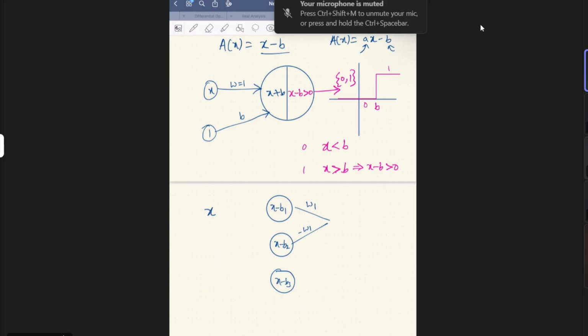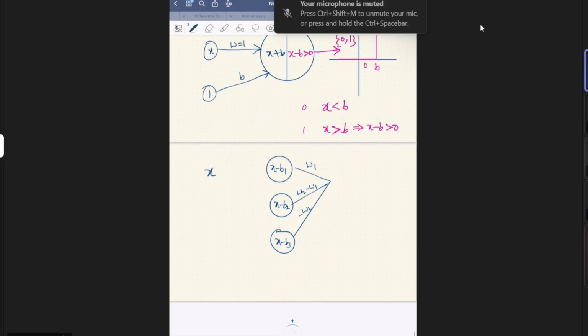W1, and second, this one is W2 minus W1, and last one is minus W2. Yes, sir. Maybe.